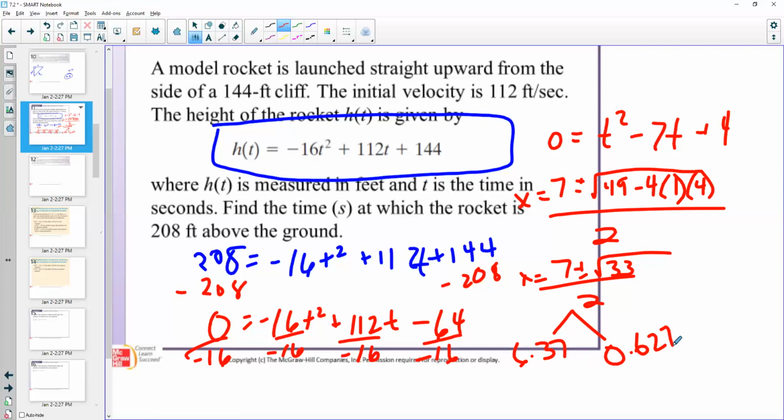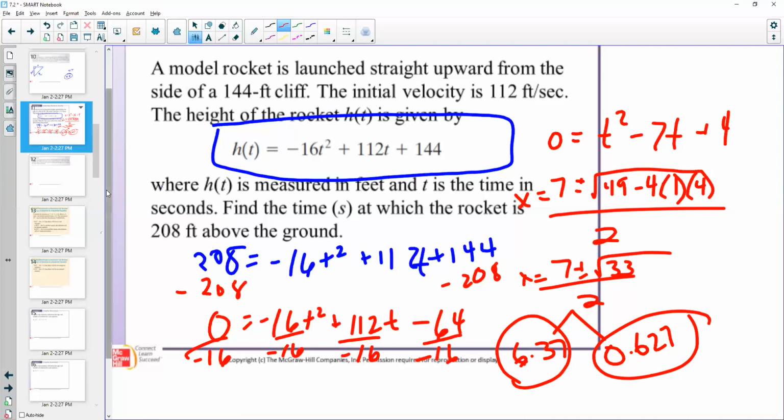Well, actually, it does. Because if you start at 144 feet, you shoot the rocket off, and very quickly it passes 208 feet. And then at a certain point, the rocket just doesn't keep flying forever into space. It's got to come back down. So at some point, 6.5 seconds later, it's coming back down.